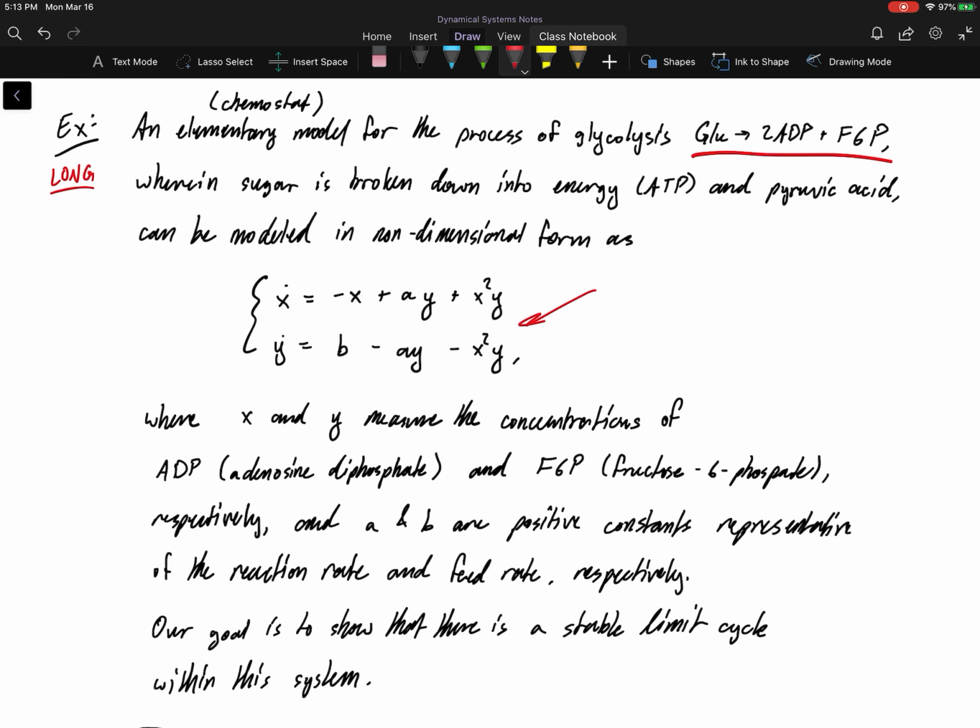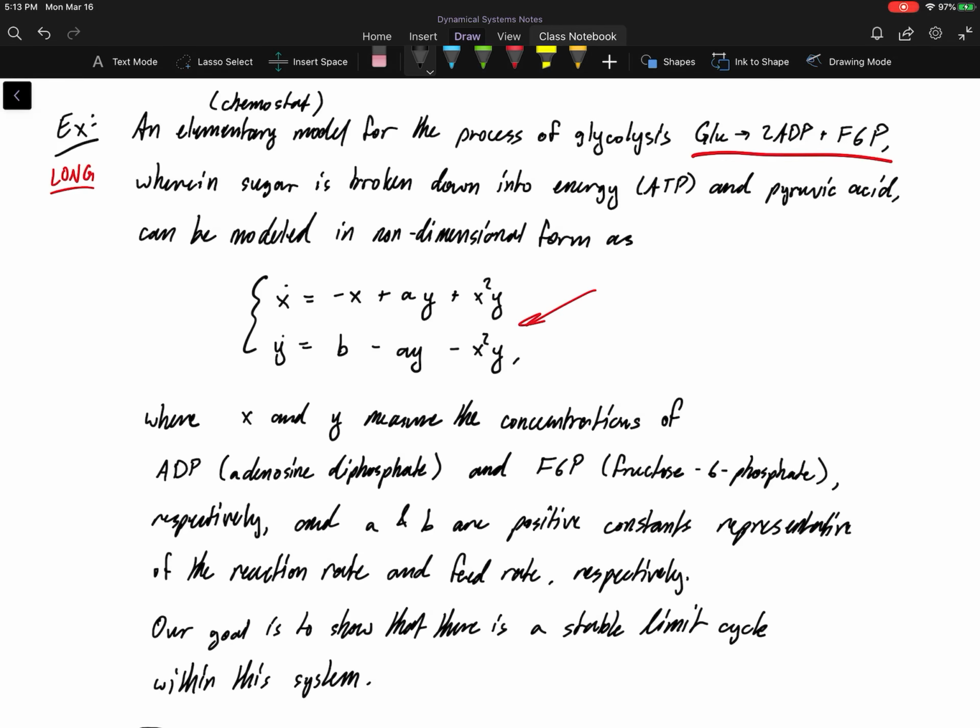In fact, this should be the first step in glycolysis, if memory serves. So we're going to use X to measure ADP, and Y to measure fructose 6-phosphate. Phosphate, my notes say. That is a phosphate. There's the H. Hello, H. Okay. Knew you were in there.